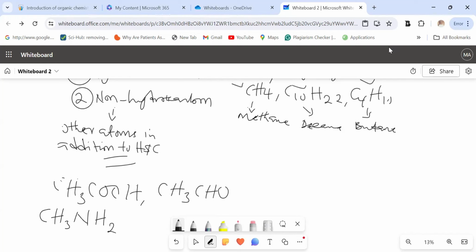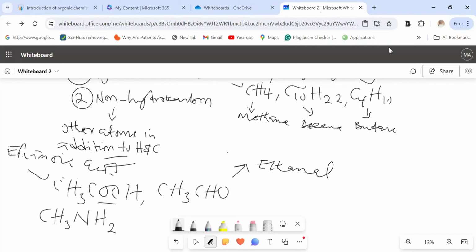So look at it. This is ethanoic acid. So you see there is oxygen. This is ethanol. You see there is oxygen also in addition.